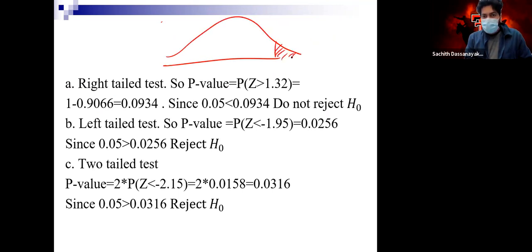This is alpha. This is delta. So delta greater than alpha. Whatever is here, reject. Whatever is here, do not reject.